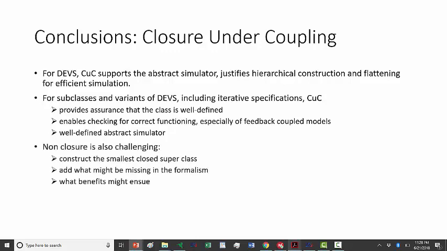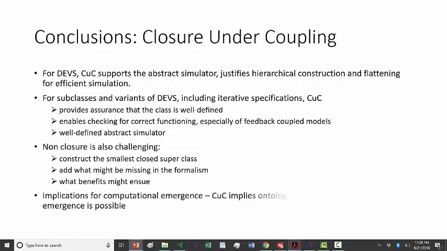Non-closure, when it turns out that a class or variant is not closed, is also challenging. It challenges us to construct the smallest closed superclass of the class being investigated. This might involve adding what might be needed in the formalism to obtain such closure, and what benefits might ensue by adding these constructs.